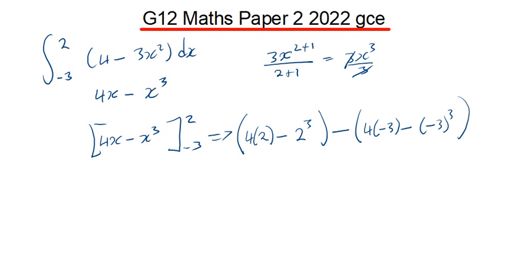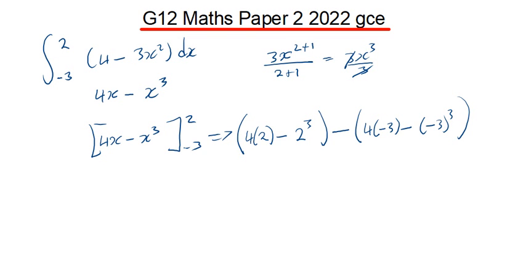Once again, let me show you something so you don't make a mistake. If you see that I'm substituting with minus 3 there, don't come and say 4 minus 3 there, then you just say minus, then you put 3 to the power 3. That is wrong. This negative is different from this negative that we have there. So both of the negatives have to be shown. We really have to pay attention to that one.